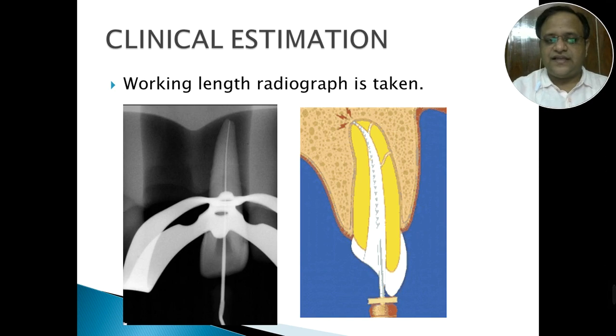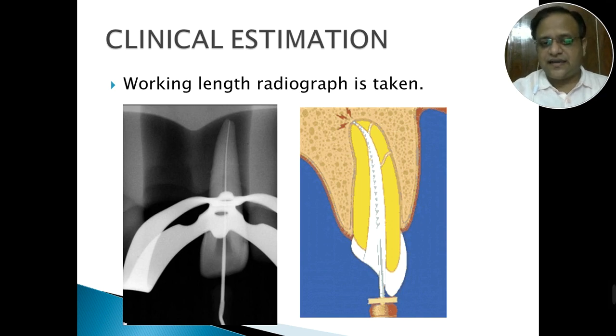If your stopper is falling short of the estimated working length, but you are feeling constriction within the canal with your fingers, you should stop the procedure. Don't rush, and don't push the debris. Just wait, take a radiograph. Surely you will be able to manage the case. So mostly you would have reached the working length.